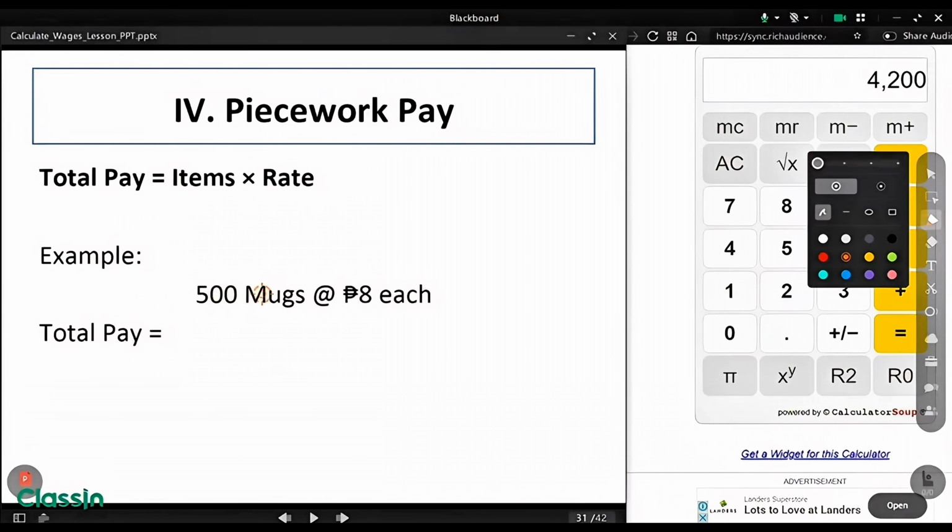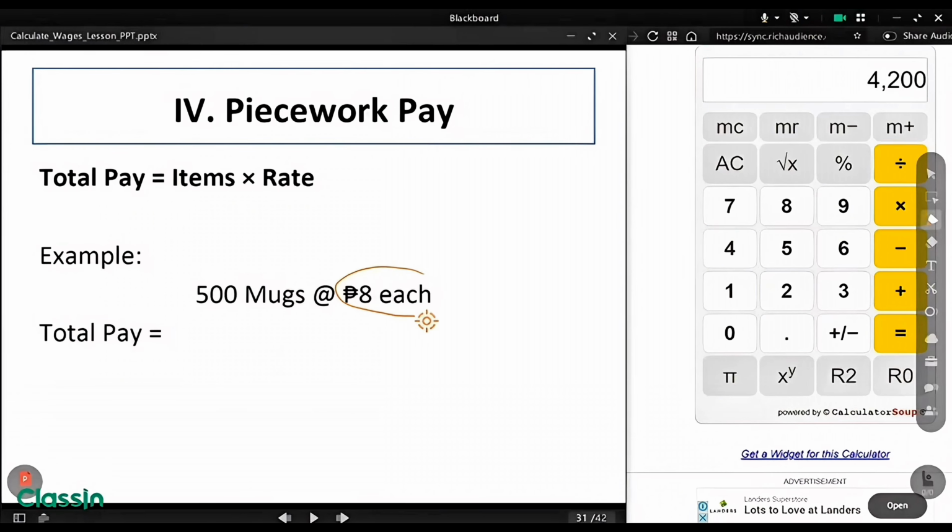So in this example, you have 500 mugs as your item and 8 pesos for your rate. So again, the formula for the total pay of piecework pay is items times rate. The total pay is equal to 500 mugs times 8 pesos.